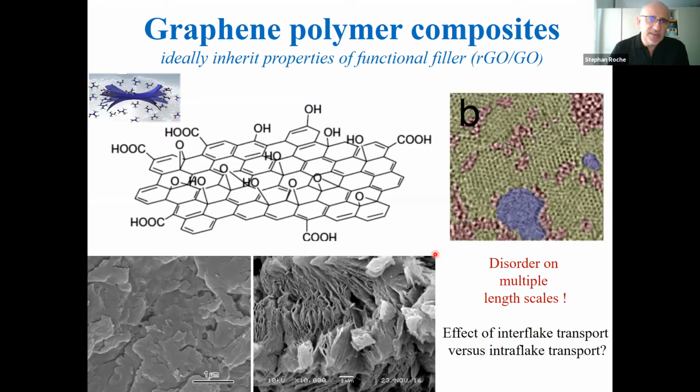In these pictures, we illustrate the level of complexity, because disorder is not just embedded in the local atomic structure, but is also present at different scales, where, for instance, you have different flakes that are interacting, and then they are also hybridized with other kinds of molecules and polymers. That makes the situation extremely challenging from a computational point of view.